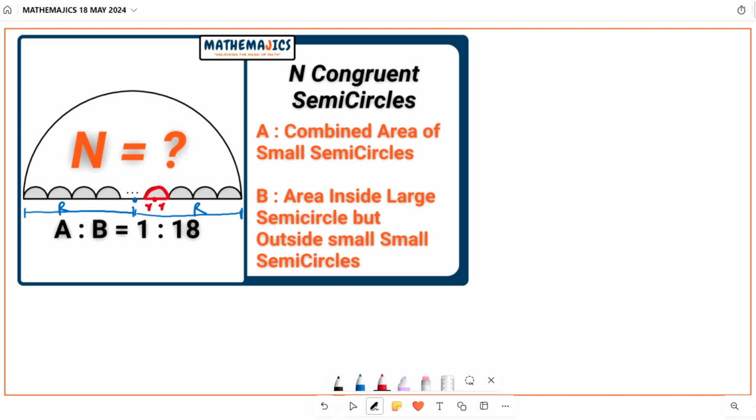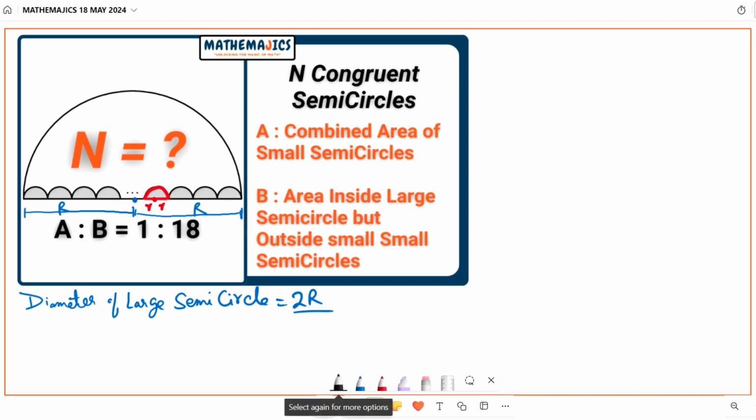Now let's find the relation between the small r and the capital R. What is the diameter of the large semicircle?